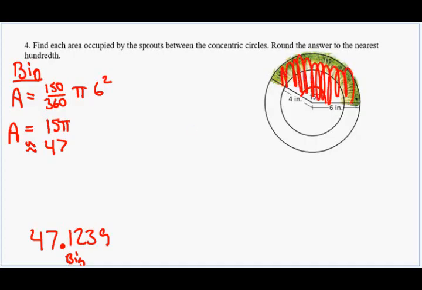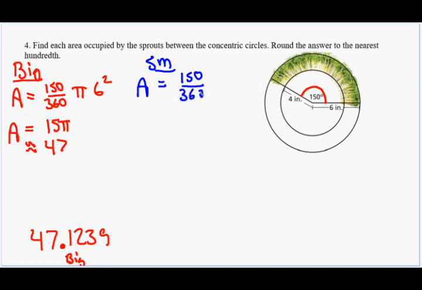And now we're going to subtract or cut out the smaller inside arc. So the smaller arc is going to be area equals, same 150 over 360, but now it's pi. Our radius here is only 4, so that'll be 4 squared.